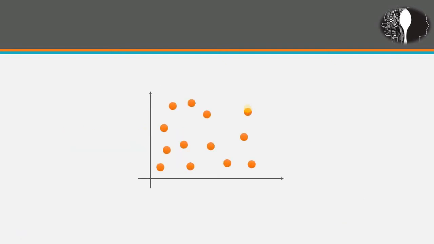Let's take a look at this example. Each of these orange circles represents a patient. Let's say they are the results of tests of some patients, and a doctor wants to decide if they are diabetic or not. What the doctor is eventually doing is asking them some questions, maybe conducting some tests and gathering some data.